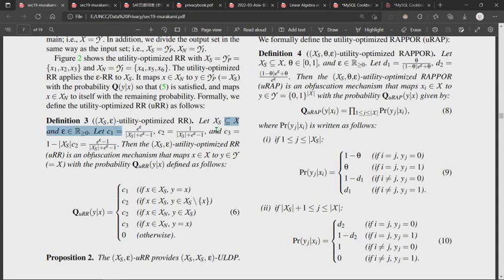Like what is this? So let's see this. If X is sensitive data and Y equals X, then C1, it's like LDP, I guess. And if it's C2, then epsilon is 0.